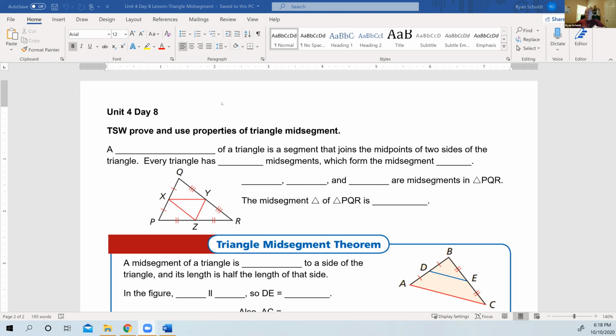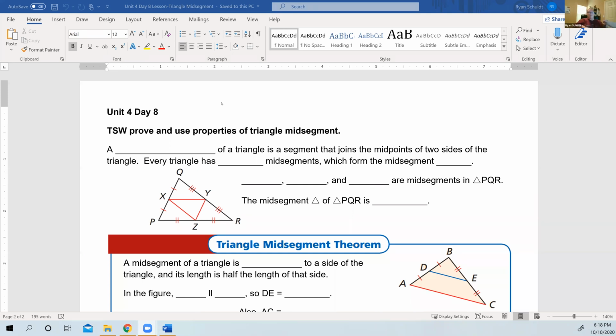So what is a triangle midsegment? Well, I'm glad you asked. And if you didn't, I'll tell you anyways, because it's something we've got to know.